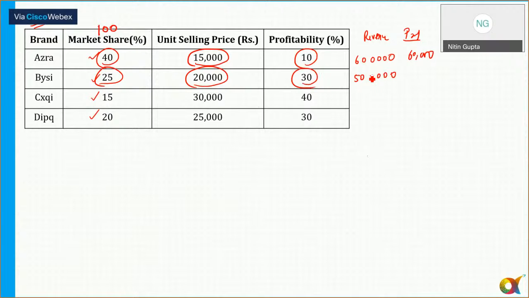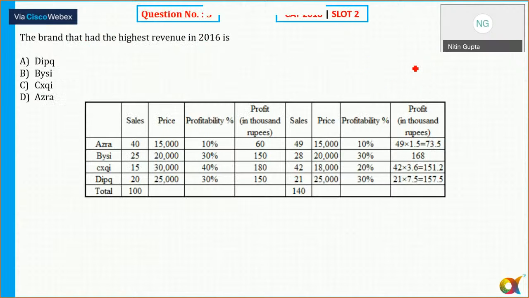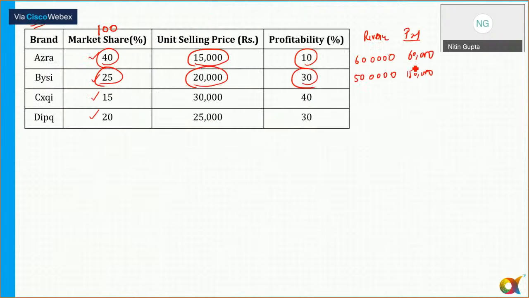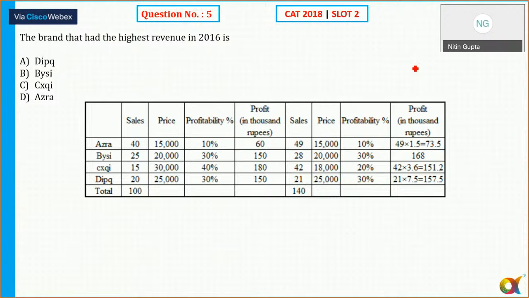So 30% of this will be 150,000. I hope that this is also clear to all of you. So 30% means I'll get the profitability here as 150,000. So 60,000, and then 150,000.